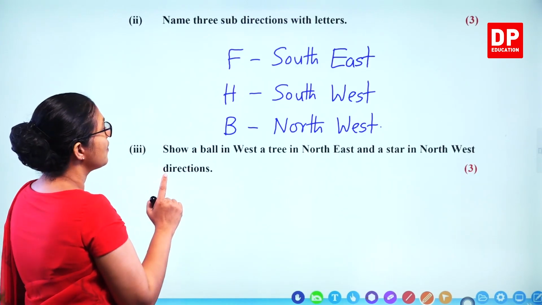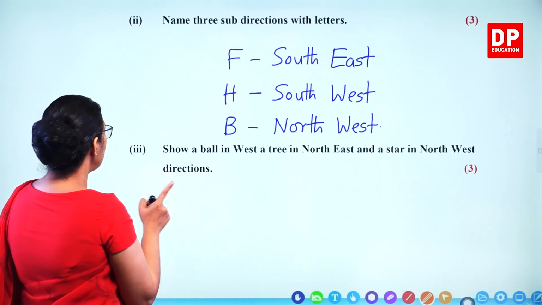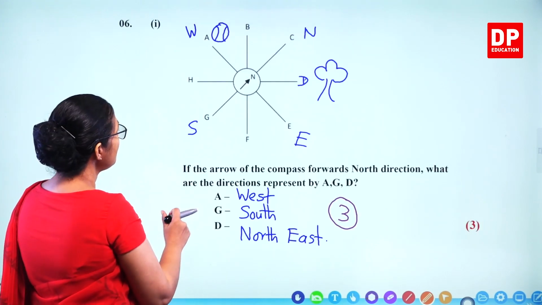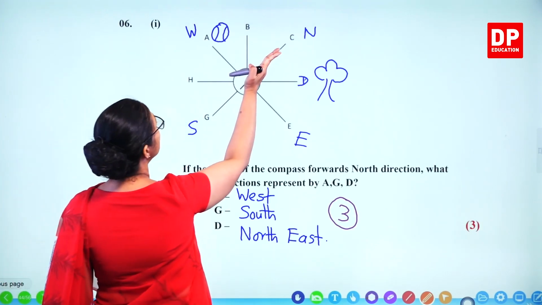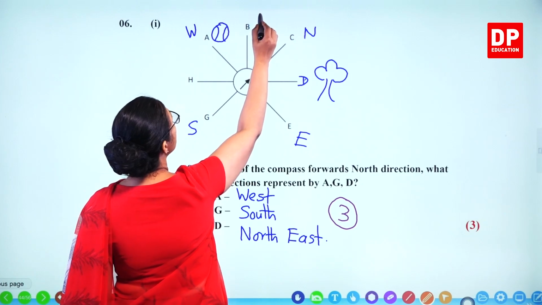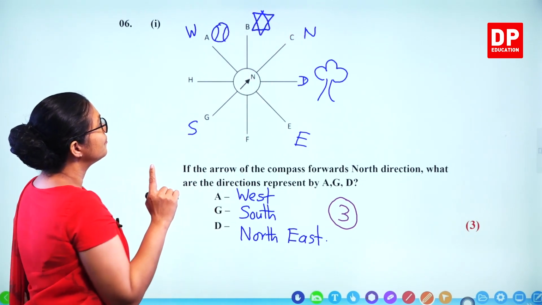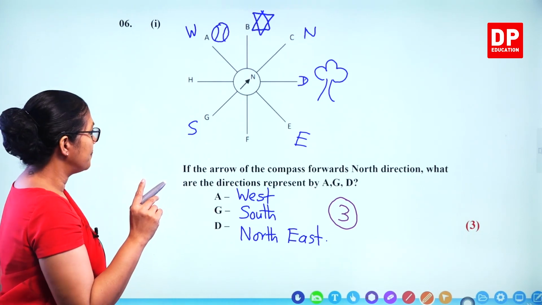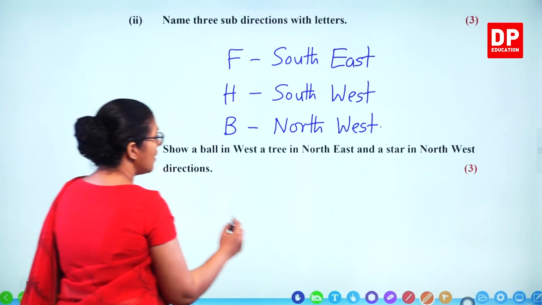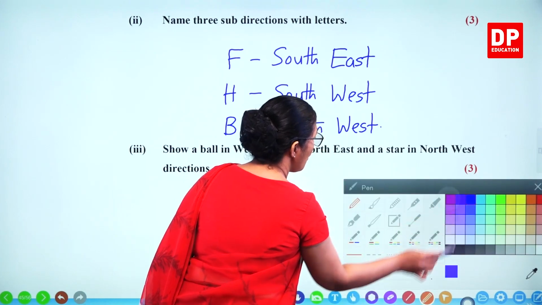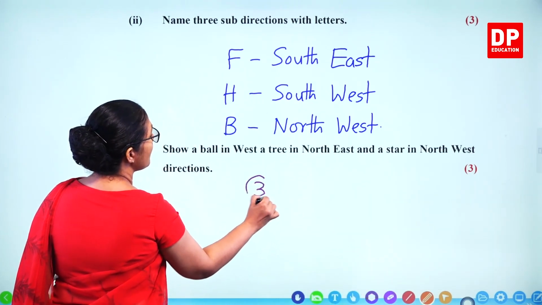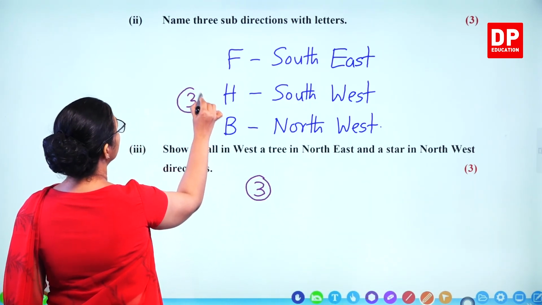And then a star in northwest. North and west side. So here you can draw a star like that. So northwest is B. So you get 3 marks for drawing that. And here 3 marks.